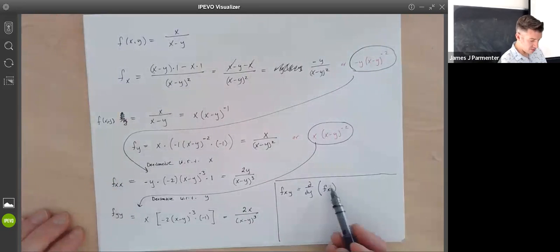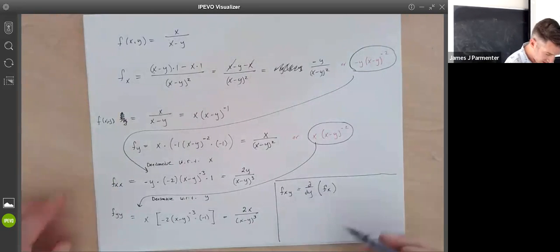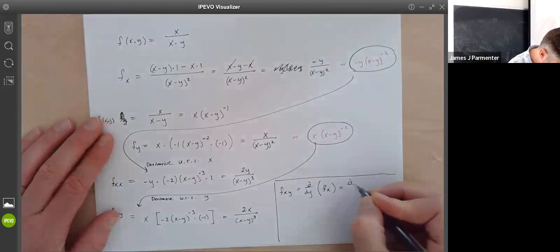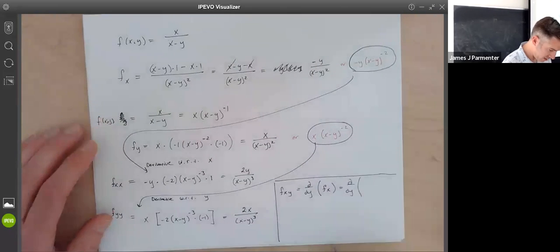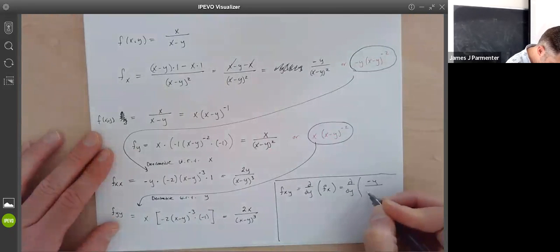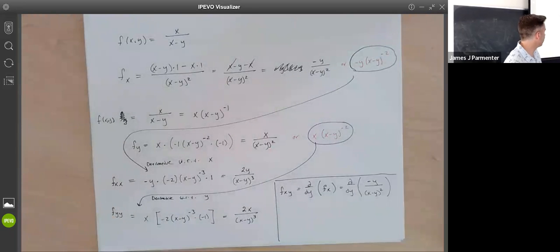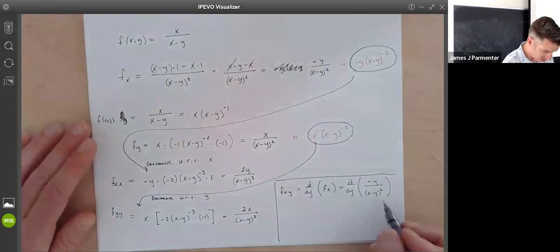This is saying I did the derivative with respect to x first, and then I'm going to do it with respect to y next. So that's going to be the derivative with respect to y of, here's my f x, negative y over x minus y squared. And I'm writing it that way because I do intend to use the quotient rule here instead of using the product and the chain rule. So let's see what we get.